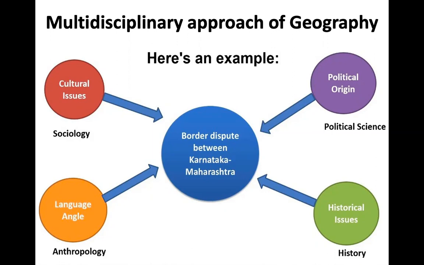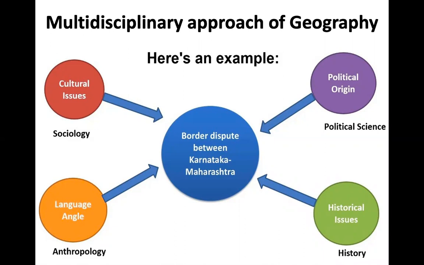That means you have to understand the sociological behavior of the people residing in these two states. Sociology comes into it. Not only that, as far as the language angle is concerned, the people of Karnataka speak Kannada, Maharashtra people speak Marathi, and they have their own different way of their tribes.